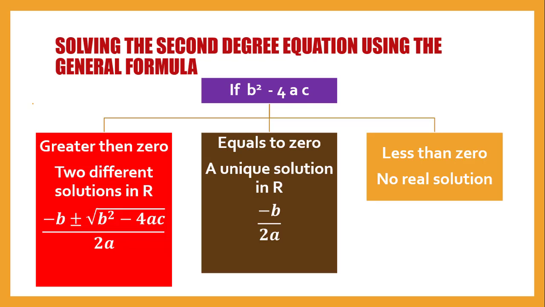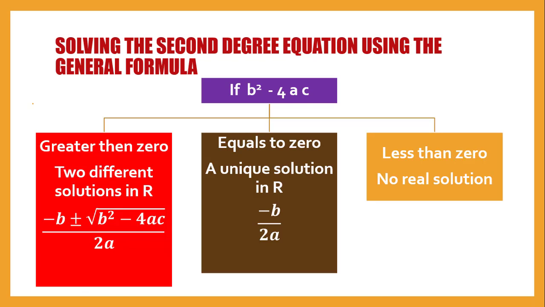If b power 2 minus 4ac is greater than 0, it means it's a positive number, and in this case we have two different solutions. We can calculate them using this relation: negative b positive or negative square root of b power 2 minus 4ac, over 2a. One time we substitute with positive and the other with negative, so we get two solutions.